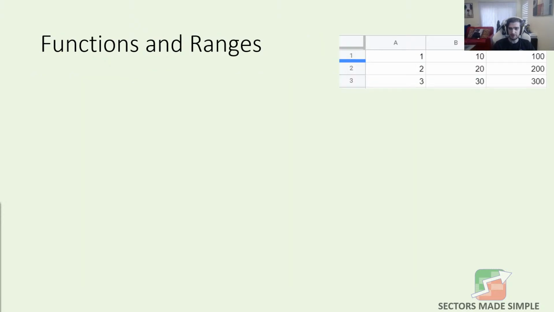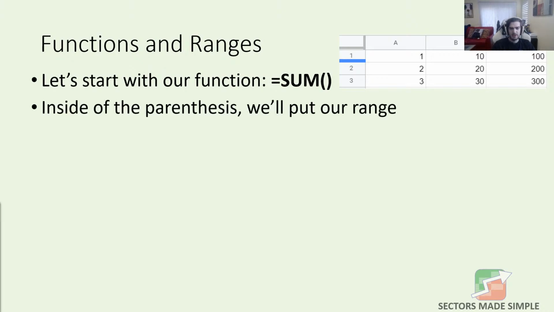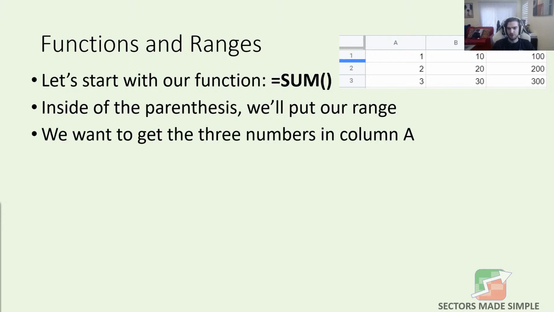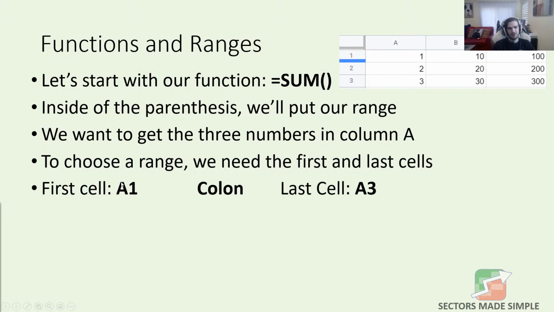So let's take this example and start with our function sum. Inside the parentheses, we're going to put the range that we want to add up. If we want to get the three numbers in column A, we need the first and the last cell. The first is A1, the colon tells us it's a range, and then we give it the last.